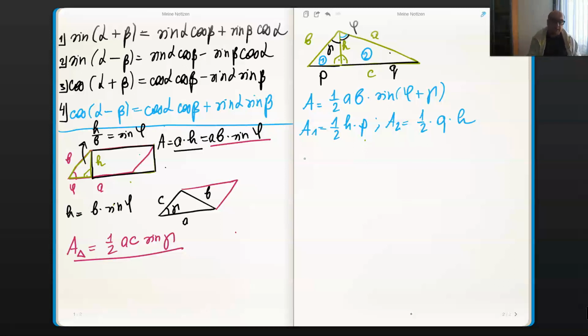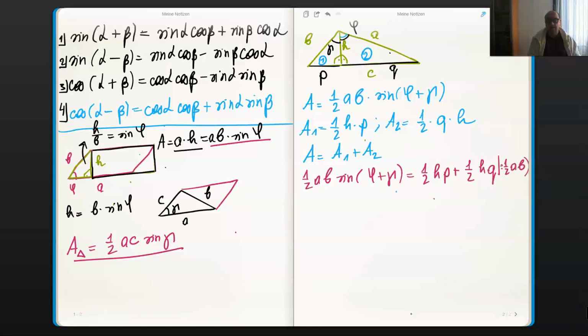So that means a must be equal to a1 plus a2, right? And now let's see what's happening. Well, a is a half a b sine of phi plus gamma, and that should be equal to a half h times p plus a half h times q. And now we're dividing it by a half a b, all right?